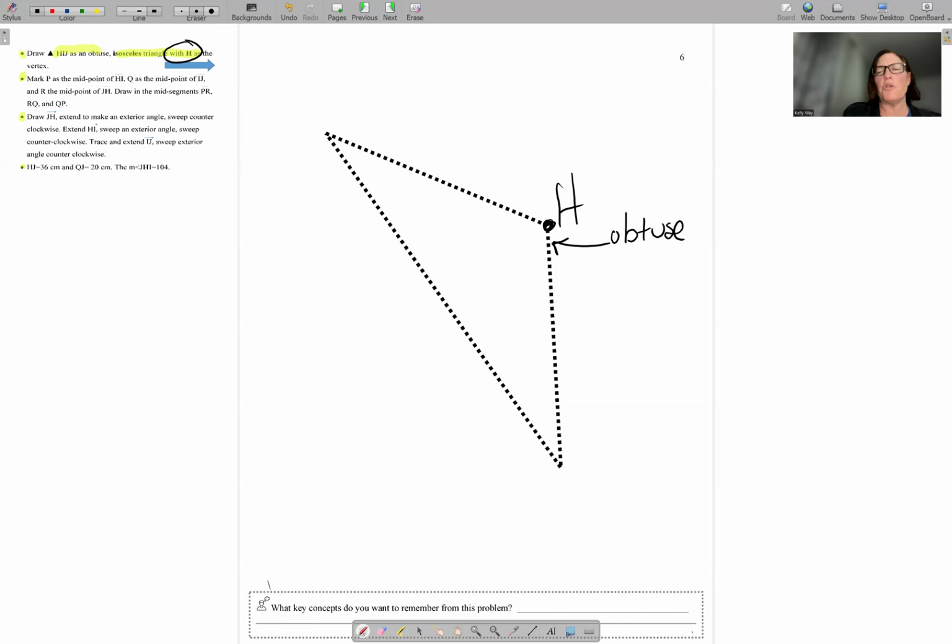Does not matter which way is I or which way is J. P is the midpoint of HI. Q is the midpoint of IJ. R is the midpoint of JH.